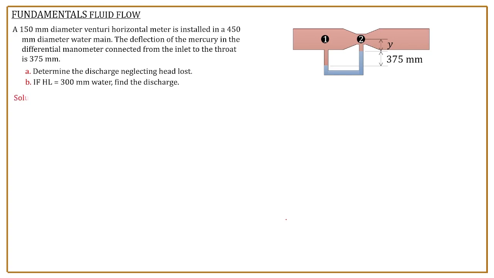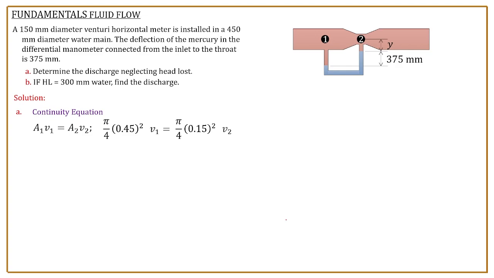So for our solution, we have for A, continue the equation, yung flow rate nung 1 to 2, that is equal A1V1 equals A2V2. We are neglecting its head loss, that is pi over 4 times 0.45 squared, the diameter of our first pipe, times the velocity 1 equals pi over 4 times 0.15 squared times the velocity 2.